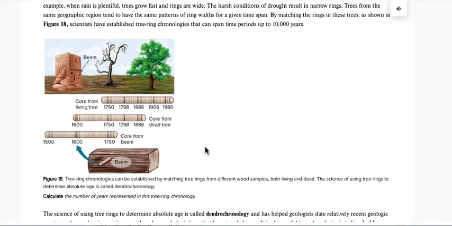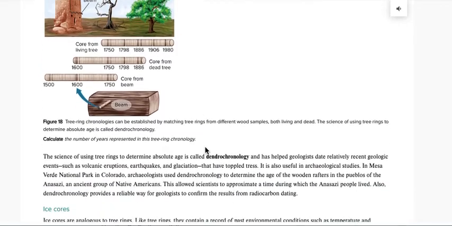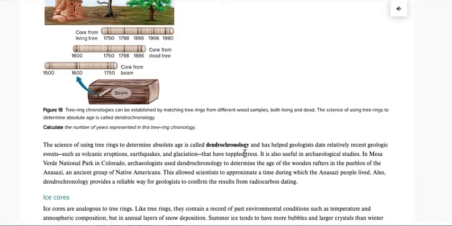But each year trees form two tree rings, one in the wet season where it grows wider, and one that's narrow when it's the dry part of the year. And scientists can also tell if there was drought or lots of water based on how much the tree was able to grow. So that's helpful. And that's called dendrochronology, the dating of trees using that.